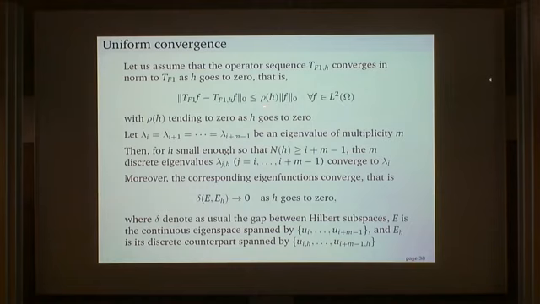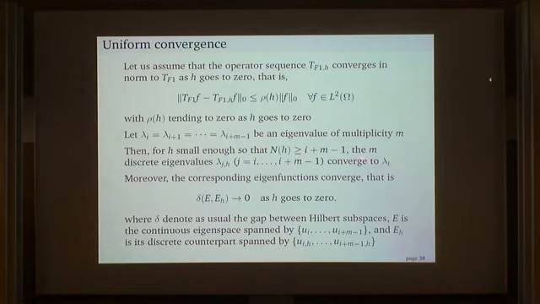uniformly in F, then you can prove that given a possibly multiple eigenvalue lambda I, then you have exactly the same number of discrete eigenvalues for h small enough. And how small means that the number of eigenvalues you want to compute should be at least the number of eigenvalues you're interested in, otherwise the space is too small.